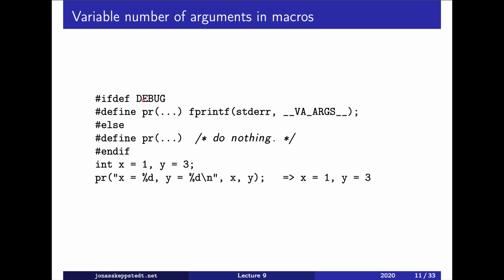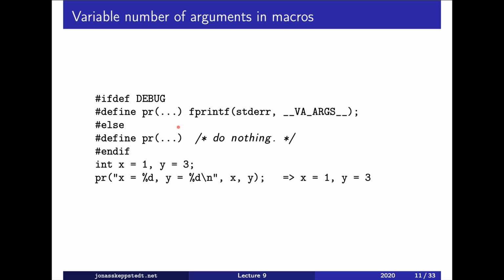We want to use this to print debug prints. If we define this macro debug, then it will be defined to print. If debug is not defined, then it's defined to be a comment. That means absolutely nothing, of course.